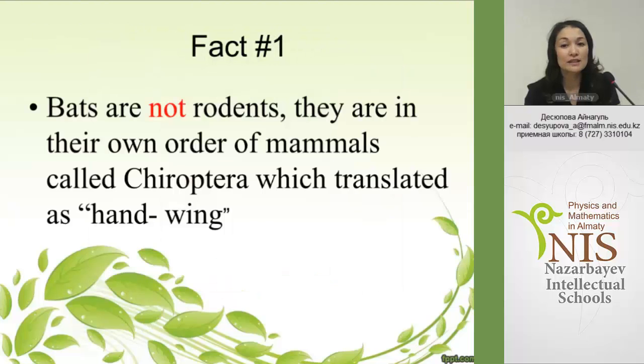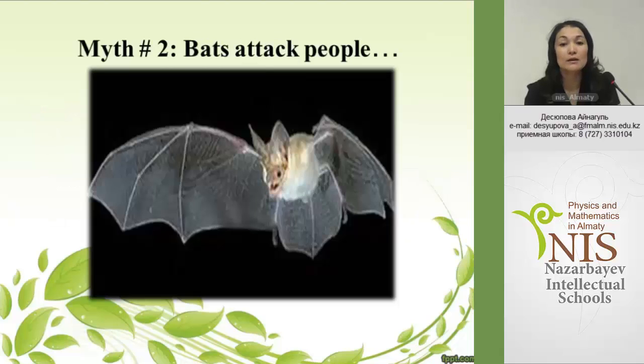So the fact is that bats are not rodents. They are in their own order of mammals called Chiroptera, which translates as hand wing. The next myth is that bats attack people.